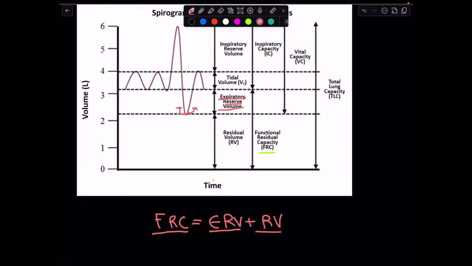And then the residual volume is how much I could potentially... Exactly. Even after a full forced exhale, there's still a bit of air left in your lungs.